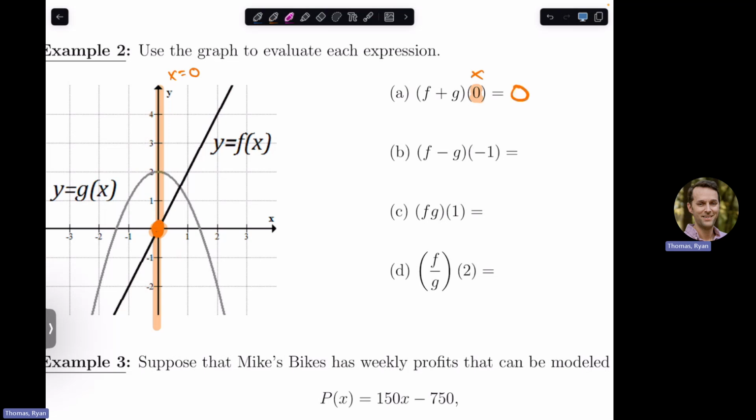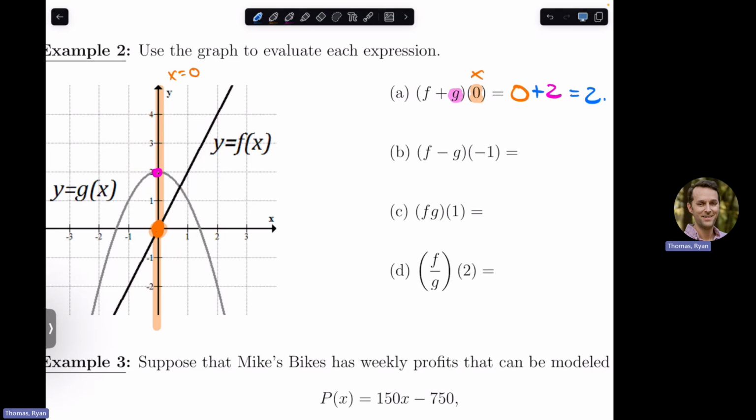Okay, and also I want to find g. What's g when x is 0? 2. And what do we want to do with 0 and 2? Add them together. And what's 0 and 2? Okay, there you go, it's 2.